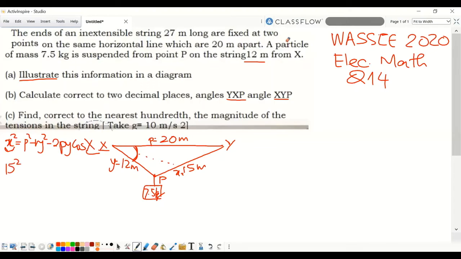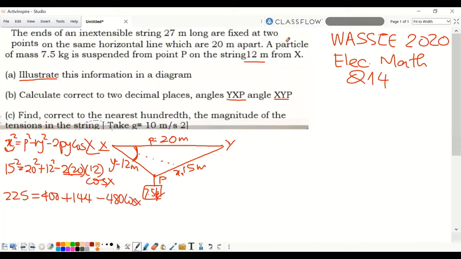15 squared equals 20 squared plus 12 squared minus 2 times 20 times 12 cos X. So 225 equals 400 plus 144 minus 40 times 12, 480 cos X. Okay? This is 544.